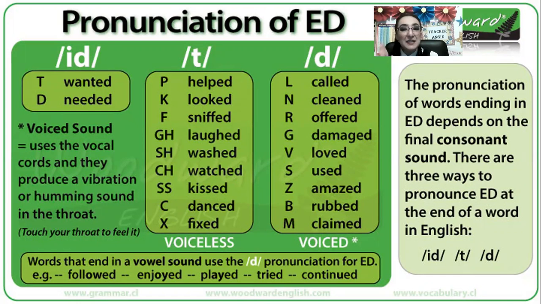The consonant before the ed. And we were mentioning that we are going to be having three pronunciations, the id, t, and d. When I am going to be using the d sound, when I am going to be using the t sound, and when I am going to be using the id sound.